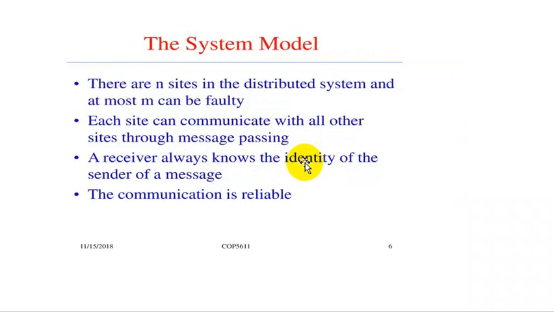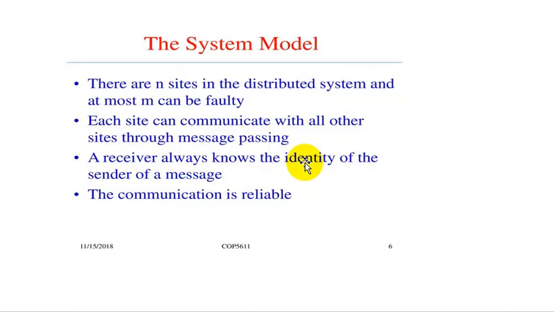So here we move to our established system model. We assume n total sites where at most m can be faulty. They communicate reliably with message passing, knowing who sent what.